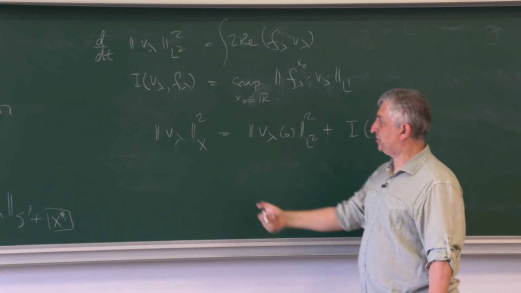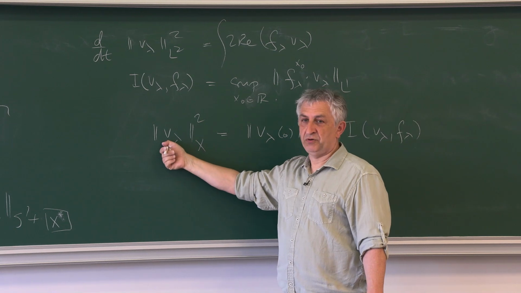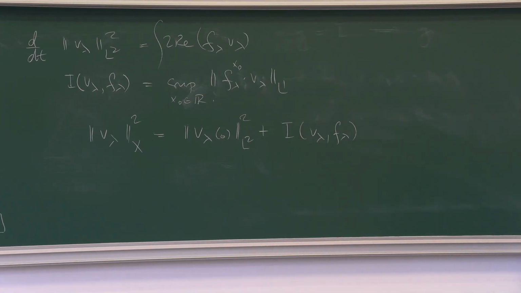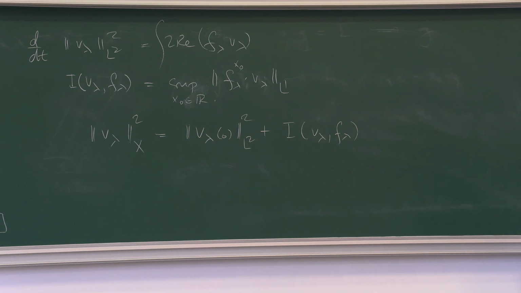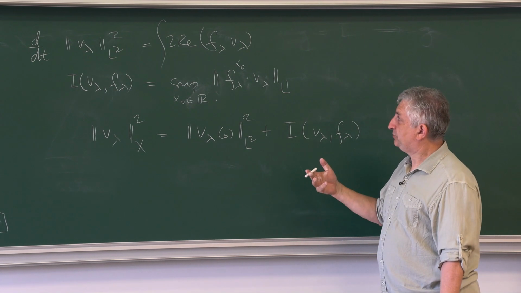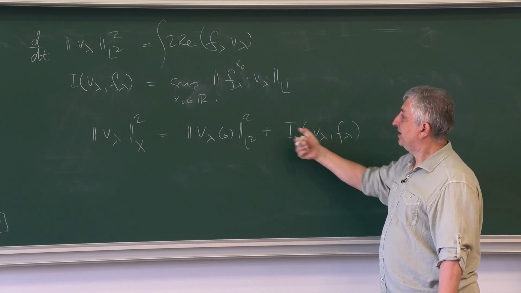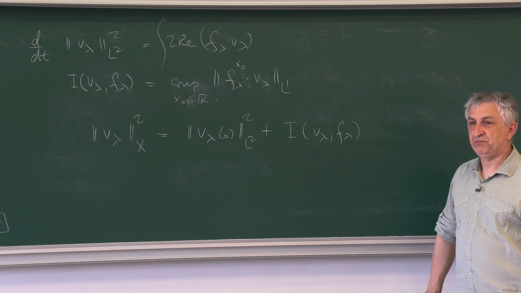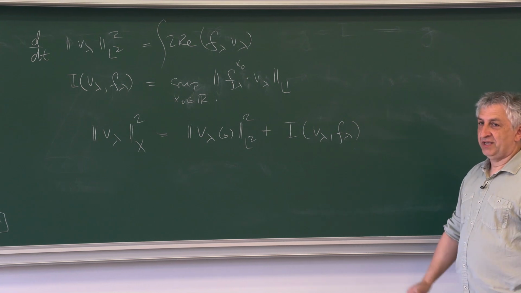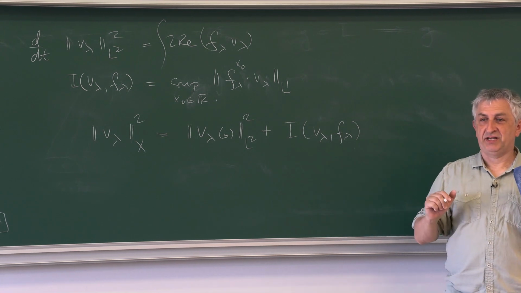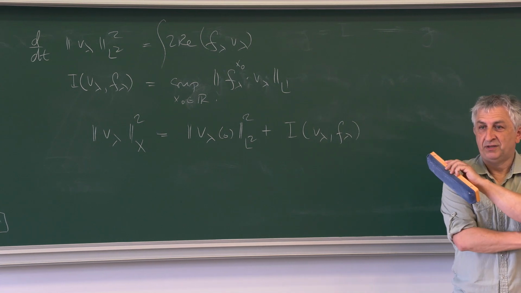So I choose to measure solutions to the inhomogeneous equation in this way. There are multiple reasons to make this choice. One sort of trivial reason is that this choice guarantees energy estimates. But the most important reason to make this choice is that it is what's necessary for the bilinear estimates that I was telling you about last time.